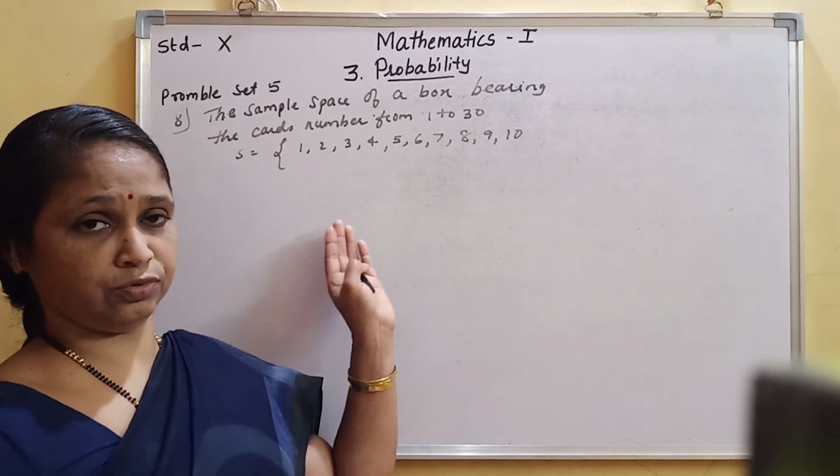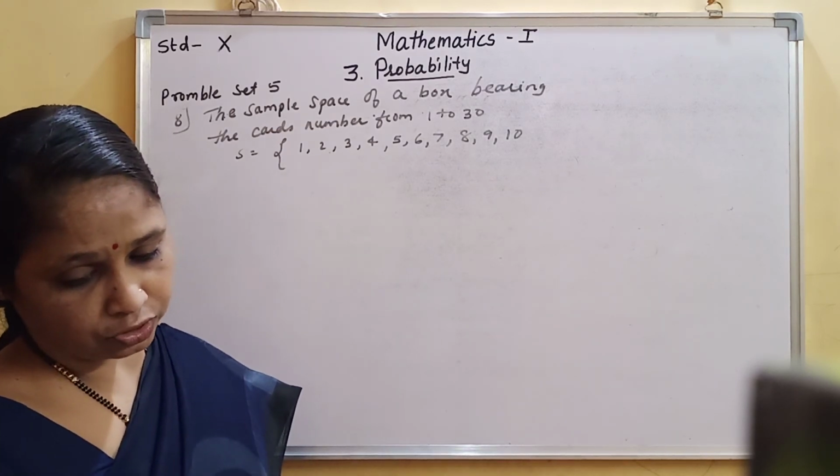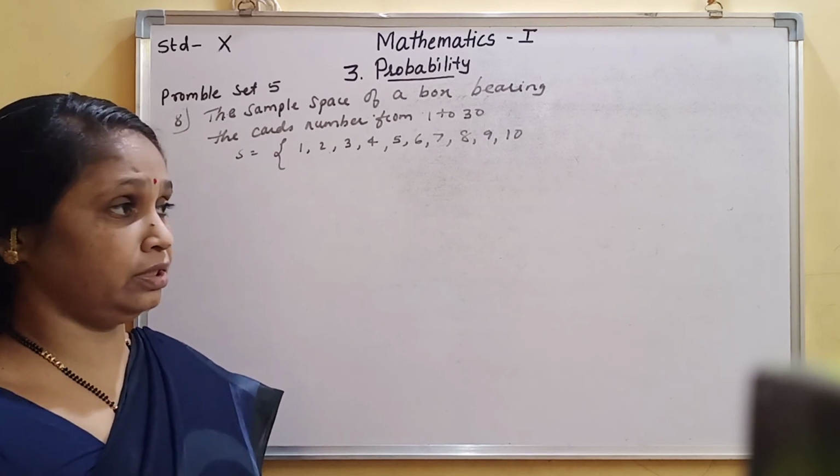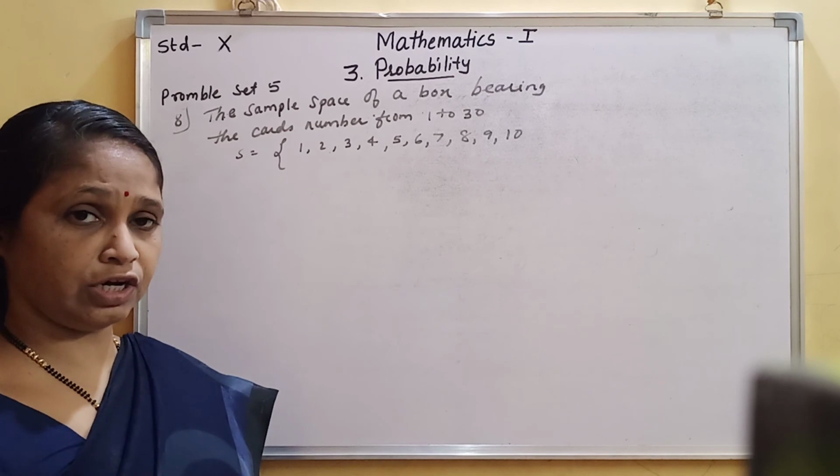You can also write 1, 2, 3, 4, 5, dot dot up to 30. But here they have asked about an odd number, so if you write it this way, it will be easy to identify the odd numbers.